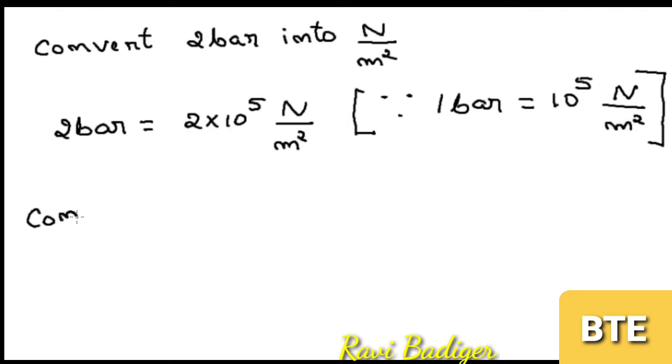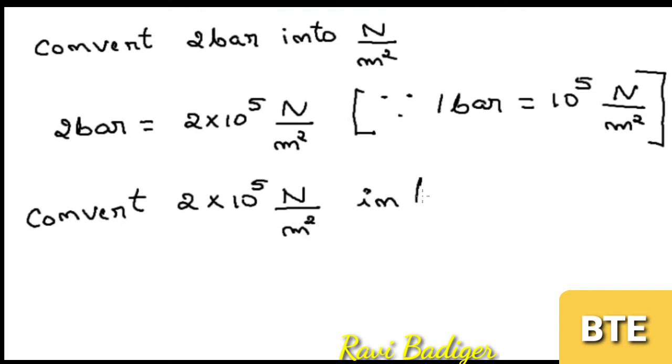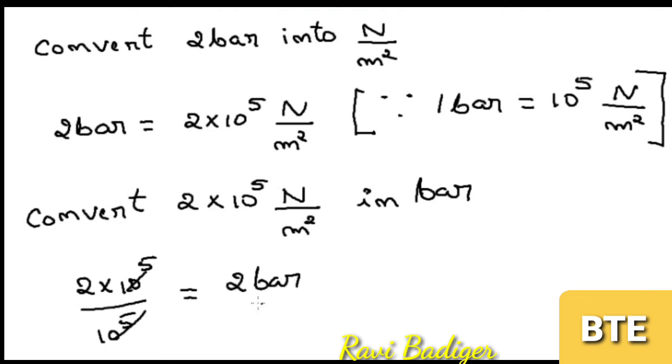Now if you want to convert 2 into 10 to the power of 5 Newton per meter square into bar, we need to follow this step. 2 into 10 to the power of 5 Newton per meter square into bar, that can be solved as 2 into 10 to the power of 5 divided by 10 to the power of 5. 10 to the power of 5 and 10 to the power of 5 cancels, so that will become 2 bar.